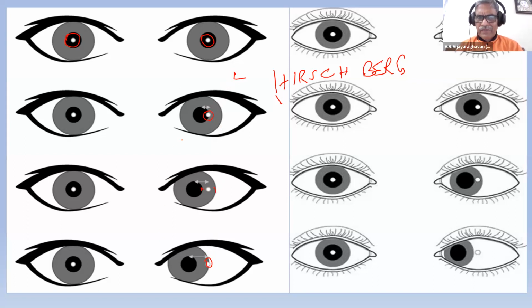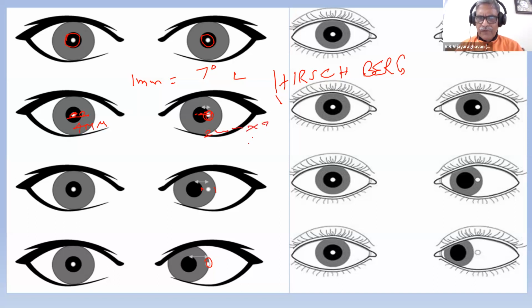How to measure now? Just know this. 1 millimeter shift of the reflex from center is approximately 7 degrees. For example, imagine the diameter of the pupil is 4 millimeters. If the reflex is falling at the margin, that is about 2 millimeters from center.